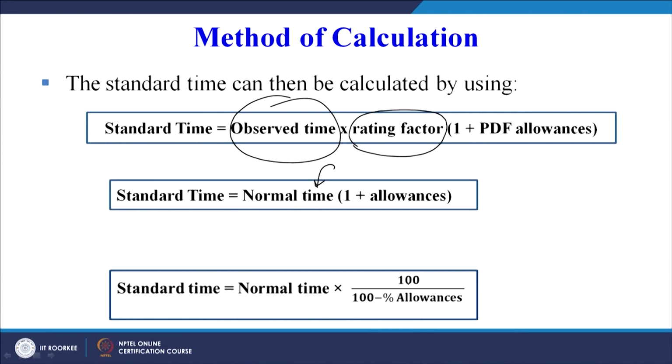Normal time we can calculate by multiplying the observed time with the rating. The allowances are a percentage of the normal time. Standard time can also be calculated as normal time into 100 divided by 100 minus percentage allowances. So, we can use any of these equations depending upon the type of data that is available with us.